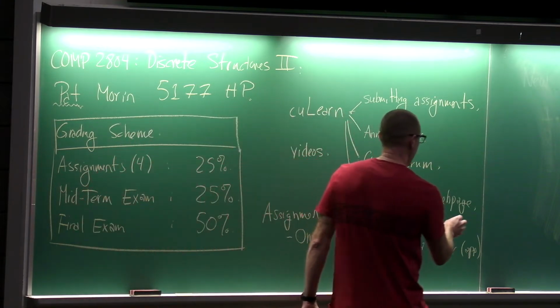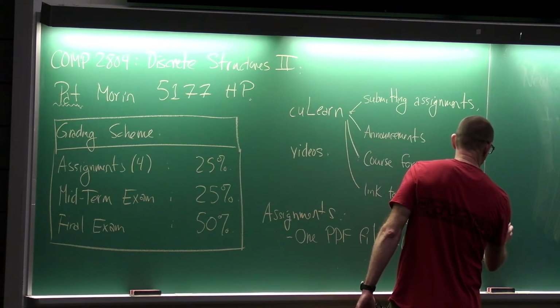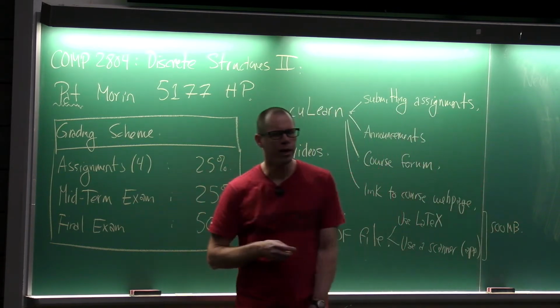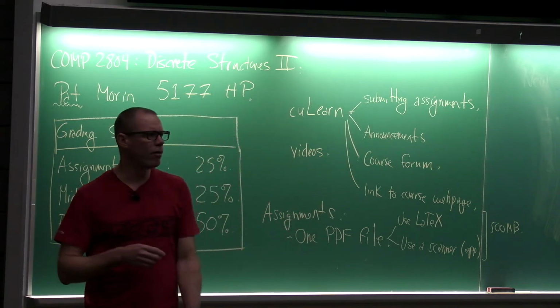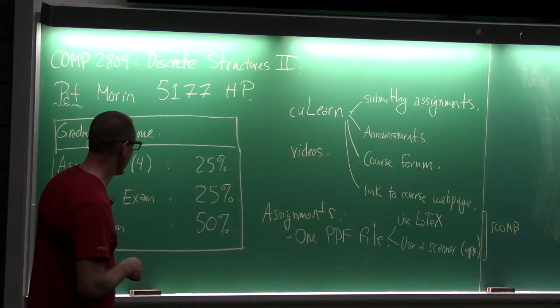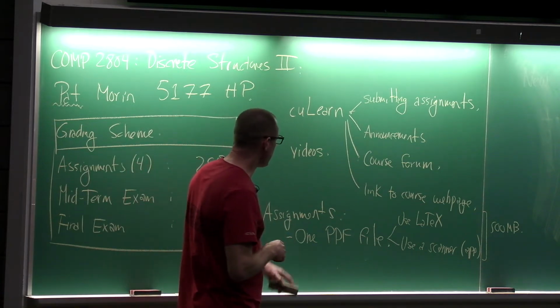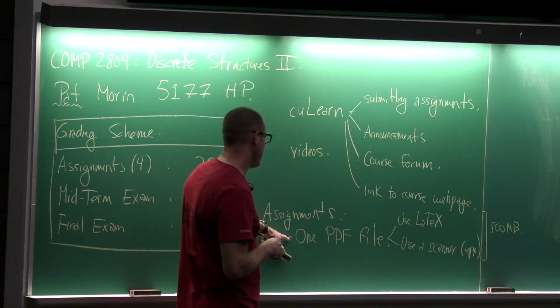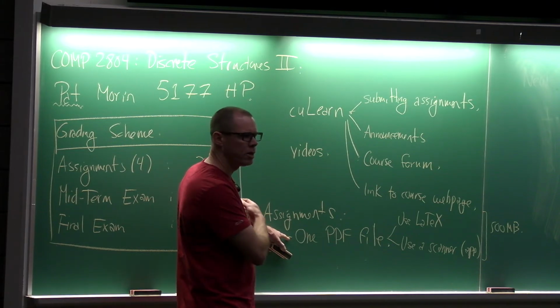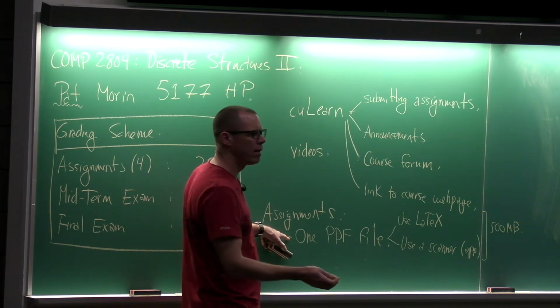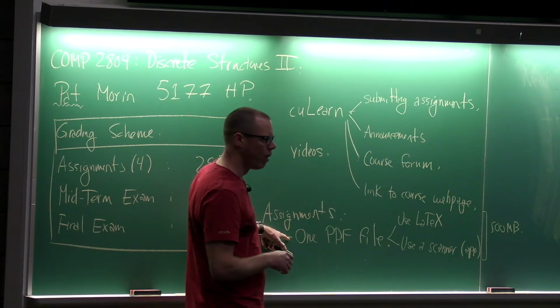There is a limit on CU Learn that you can't submit a file that's bigger than 500 megabytes. That's half a gigabyte. That's an enormous file, so you shouldn't run up against that. Okay. So that's one thing about the assignments, and you can't do anything else because CU Learn will only accept a PDF file, and it'll only accept one of them.